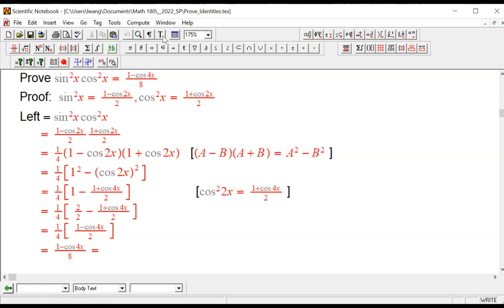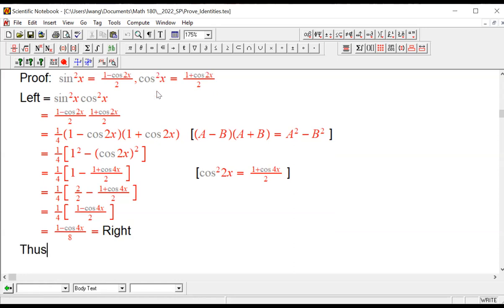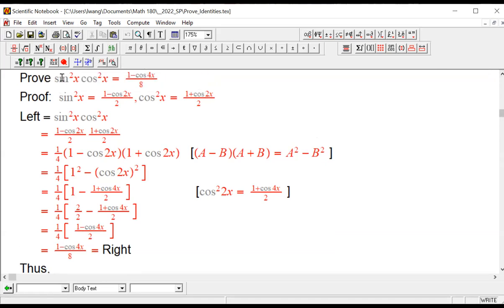When you're writing down the proof, you are basically guiding your reader through the steps. You justify every step so the reader can understand what you're doing. And you tell the reader, look, this is the same as the right. Then you say, thus, proved.